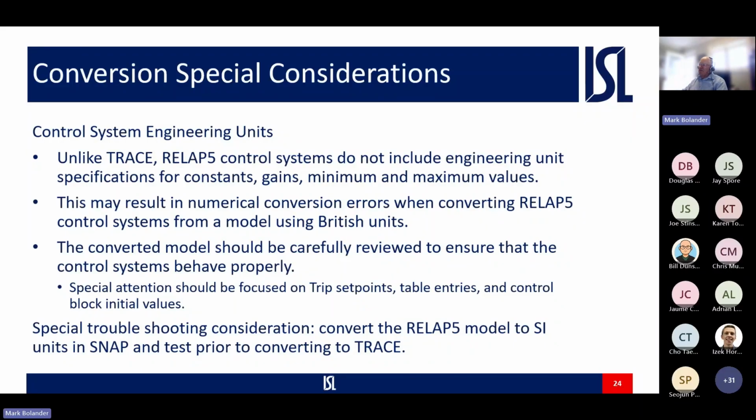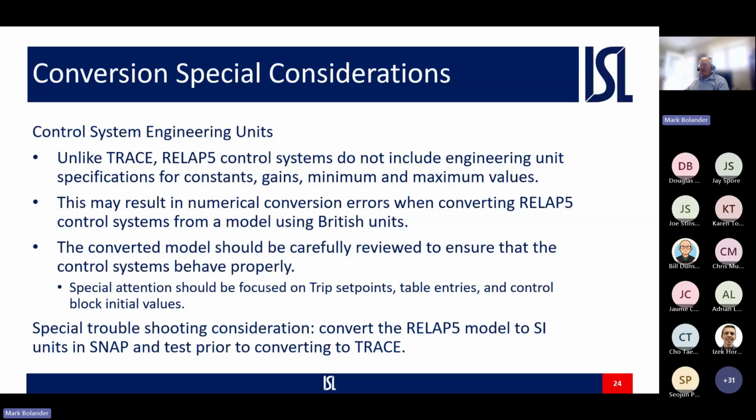Unlike TRACE, RELAP5 control systems don't include engineering unit specifications for constants, gains, minimum and maximum values, and this can be a burr under the saddle sometimes if you're not wary of that.